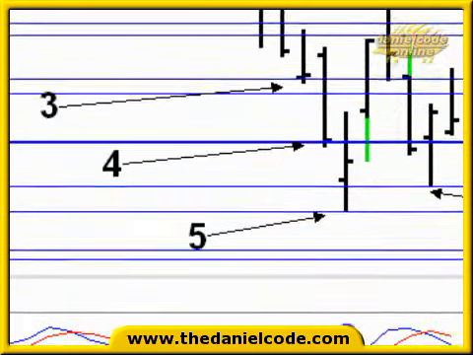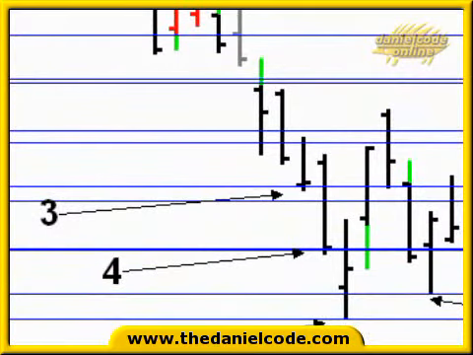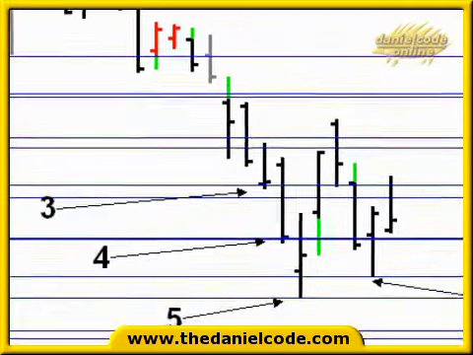The final part of the Danielcode trading puzzle is, once we get a setup and everything complies with our trading rules, we then need price to confirm to us that a turn is being affected. So we may think that we've got the setups, but we don't take any action until price pulls us into the trade. So if we look at that, we'll see that where arrow 3 is, the next day it didn't trade above that. For arrow 4, the next day it didn't trade above it.